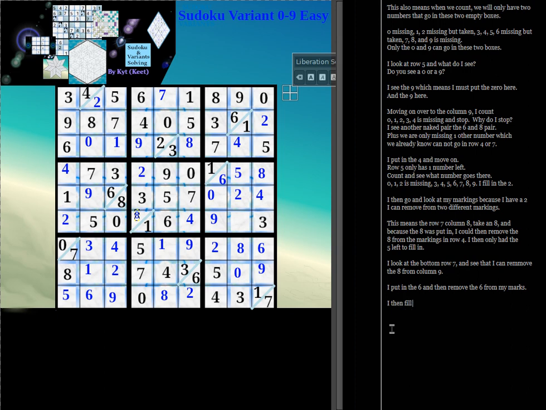I then fill in the only number that could go in the box and keep on removing the wrong numbers and filling in the right ones.